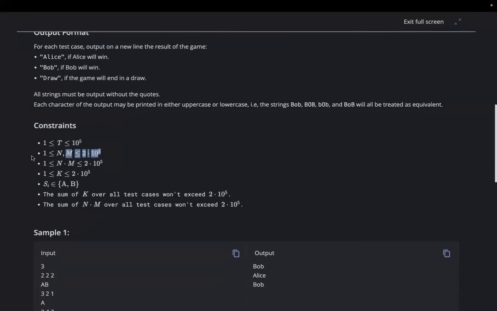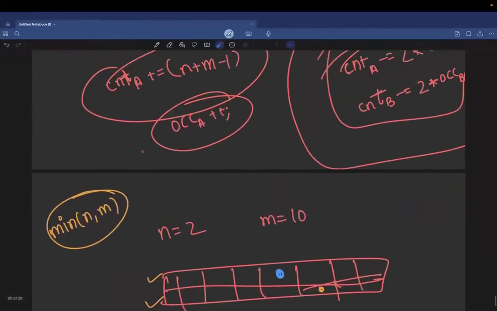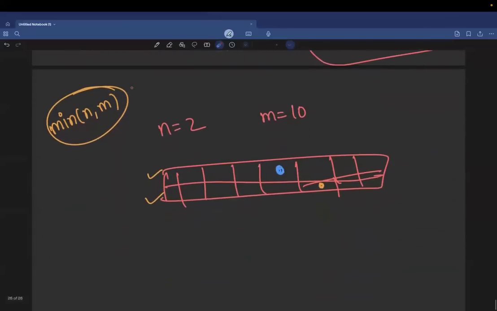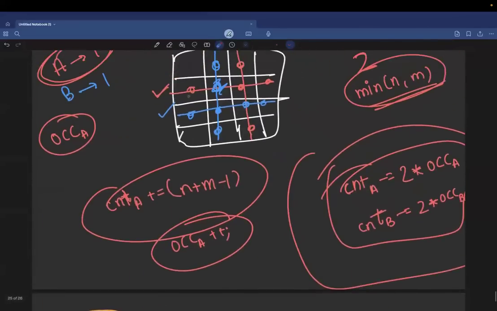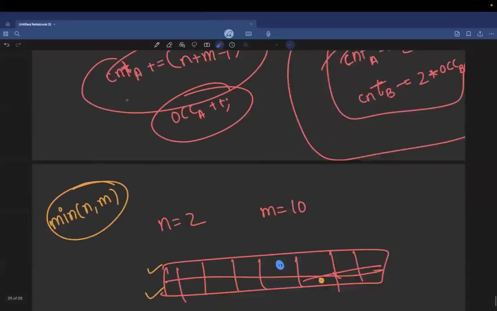In the easier version, n is not too huge. And actually in the easier version, n into m is also not too huge. So even if somebody was not able to make some formula like this, he could have still solved the problem if he had noticed this part that it doesn't matter which cell you choose, it should be just an empty cell.